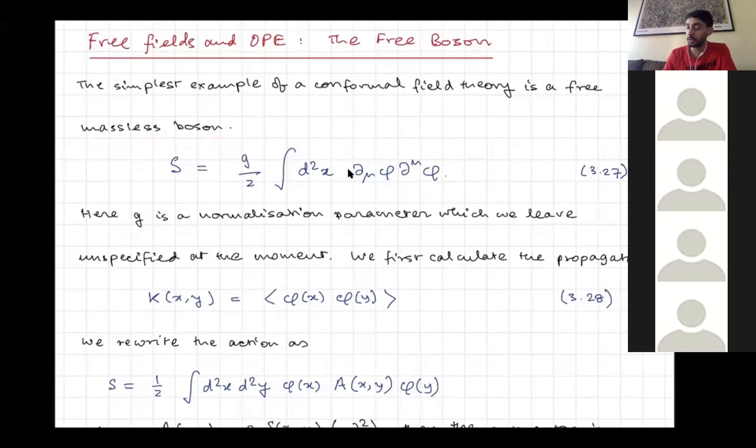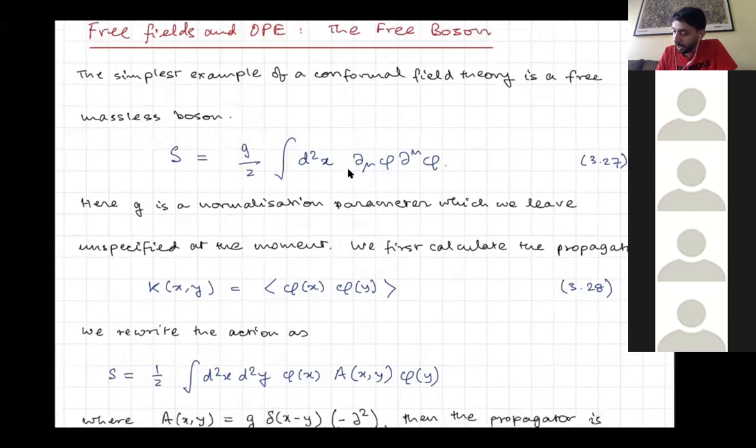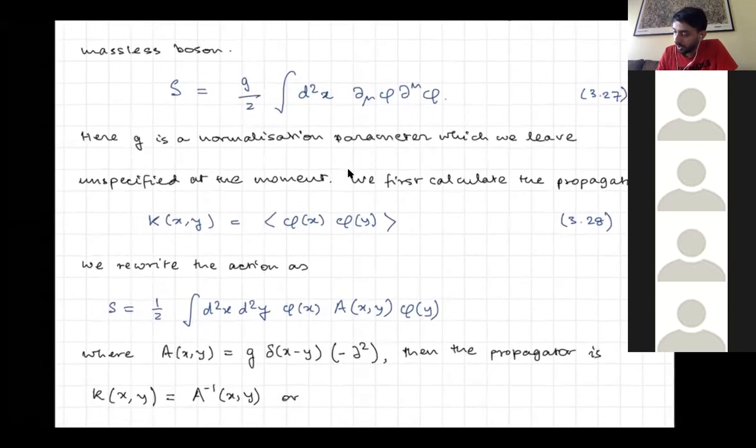The action is going to be del mu phi del mu phi, as there is no mass term here. I'm going to put a factor of g in front of it. This is going to be left unspecified for the moment.